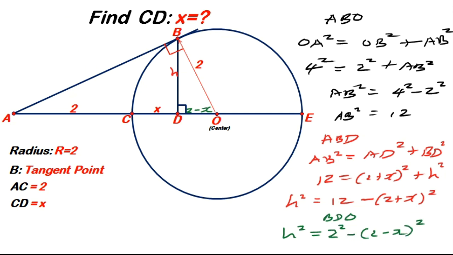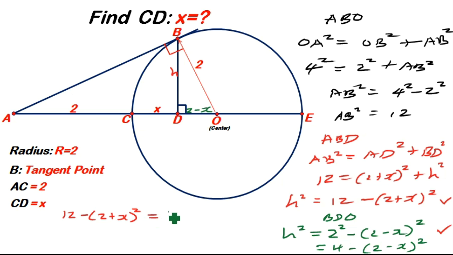Now, here we have two equations of H squared. This is H squared, this is H squared, meaning these two equations are equal. So if we equate these two equations, we'll have 12 minus 2 plus x squared is equal to this equation. Remember, 2 squared is 4, minus 2 minus x squared.